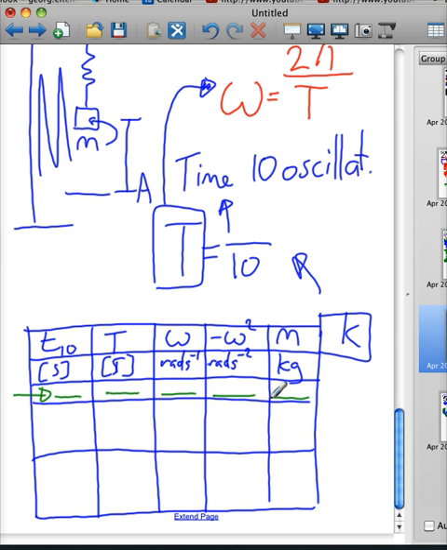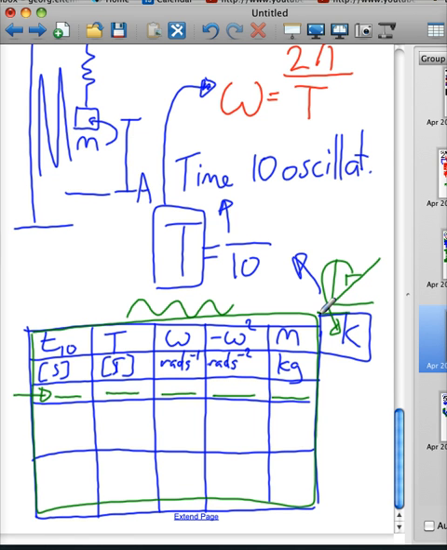You actually have to do a new experiment that's not bobbing up and down like this one. You have to do an experiment now that we just saw to find the gradient k to put into this column here. So it's like the big box is one experiment, and this is a new experiment. So for 3 different masses, you'll find 3 different k values, and remember that's newtons per meter.